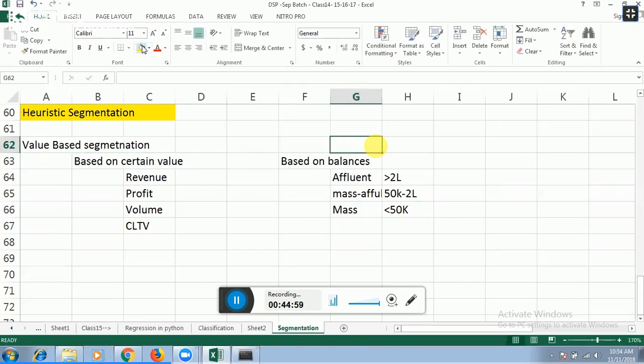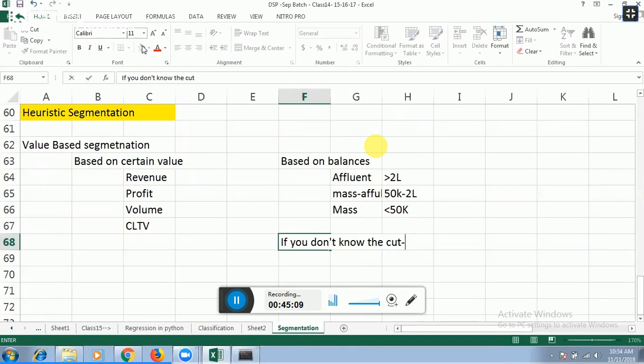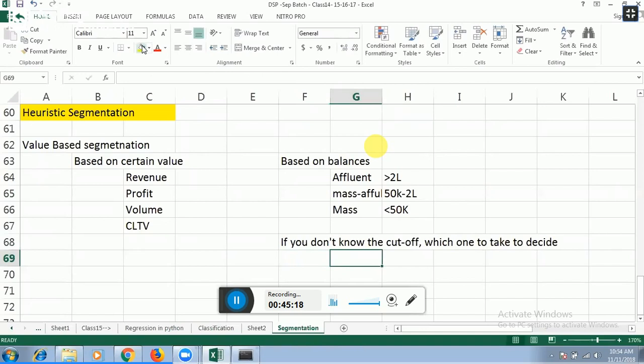Even if I don't know what cutoffs I should take, in that kind of situation, if you don't know which cutoff to decide on, then you can use quartiles, quintiles, deciles, or pentiles.